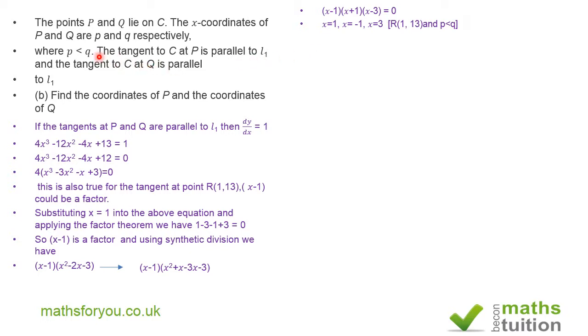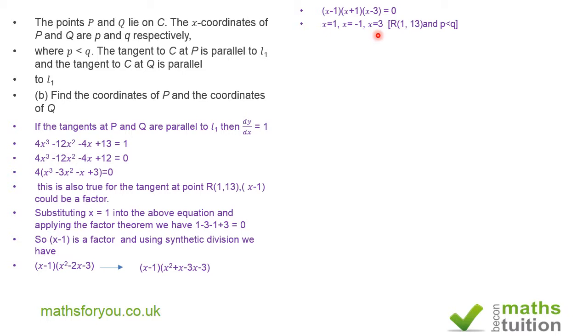But we know from there that lowercase p is less than lowercase q. Those are the x values at P and Q respectively. So it follows that x equal to minus 1 will refer to lowercase p, and x equal to 3 will refer to lowercase q.